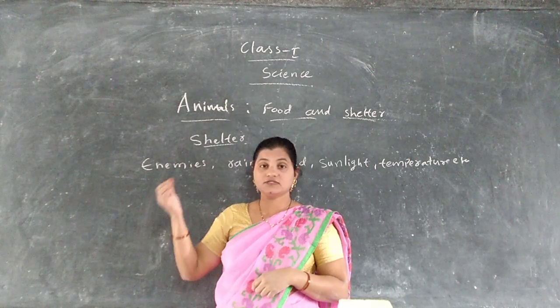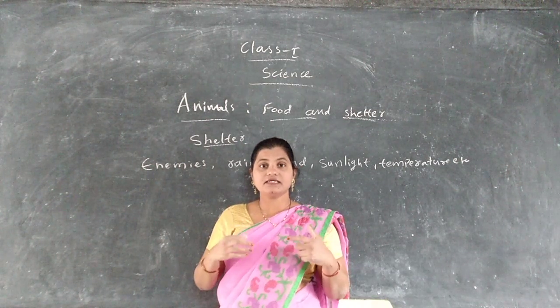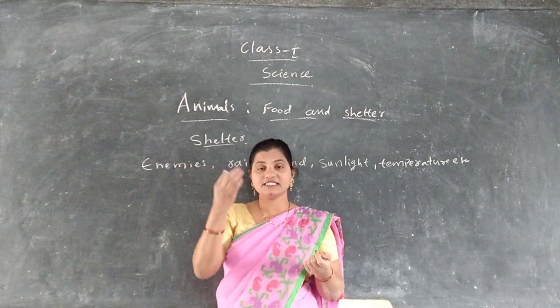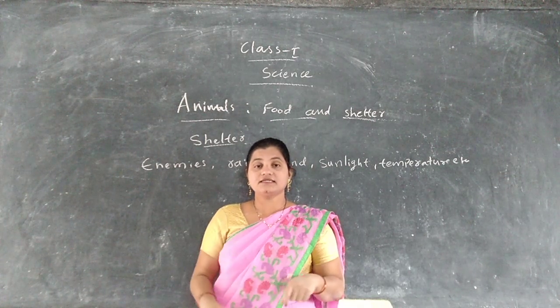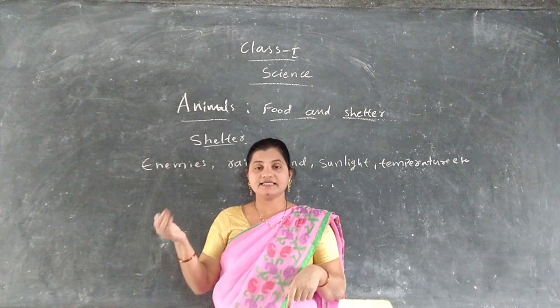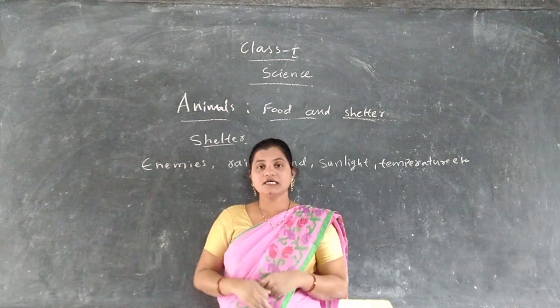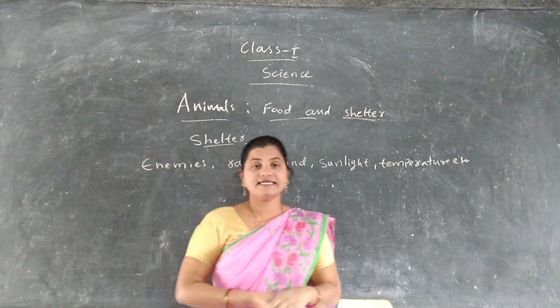When it is very hot outside in summer, we do not feel so much heat. Why? Because we are staying inside our home. We are getting protection from enemies, rain, wind, winter and cool winds. These animals are also protected by staying in their shelters.